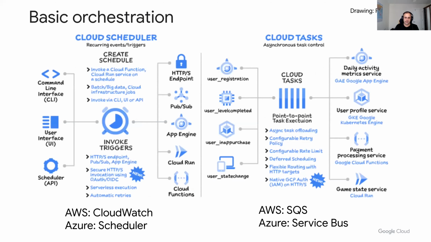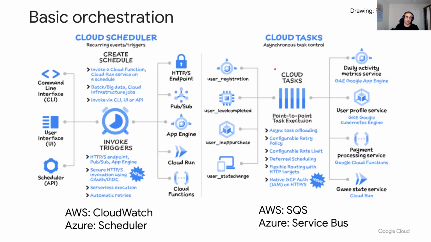And then we also started seeing some basic orchestration around these services. So if you want to, for example, call a function or a container on a certain schedule, you can use Cloud Scheduler to do that in a serverless way. Or if you want to do a task-based use case, for example, a user does something, you create a task, push to a queue, and then you can have that task pushed to a container or function.